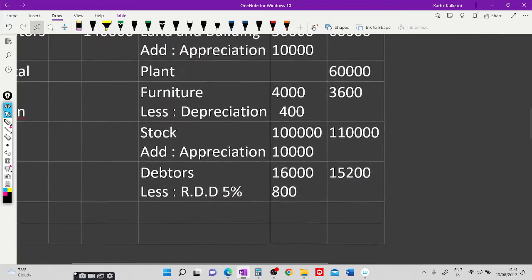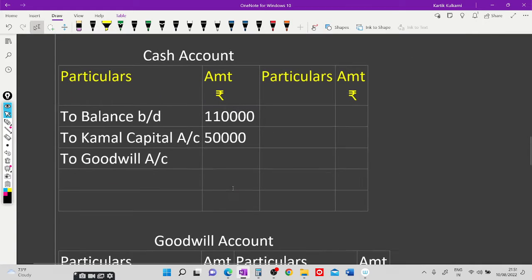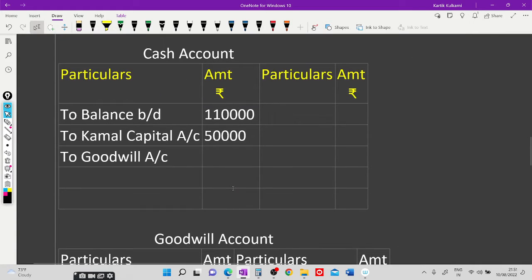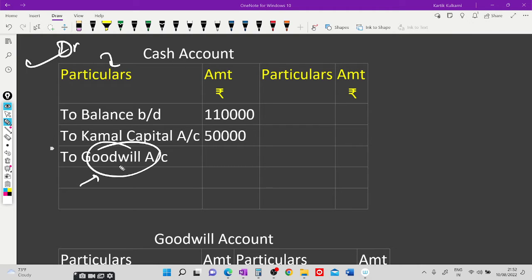On the debit side of the cash account, in the particulars column we will write the name of the account which is credited. So since goodwill account is credited, we are writing here in the particulars column goodwill account. So cash account is debited and to goodwill account amount is 40,000.